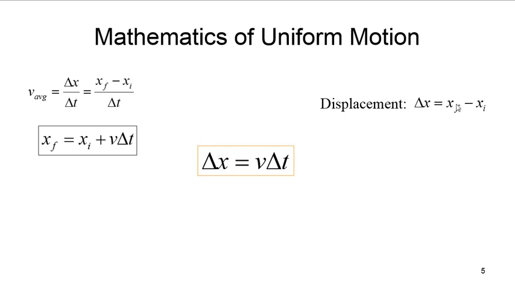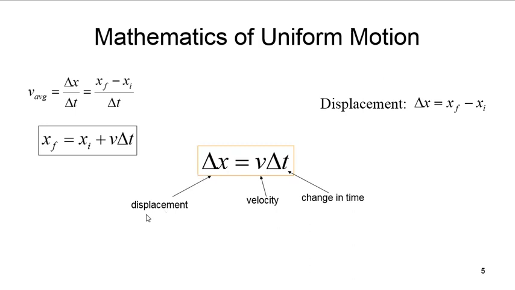We've combined x final minus x initial into one single variable. Why do we do that? Because that's what really ultimately matters as we move forward and look at our kinematic relationships. It's the displacement that matters. From that, we can figure out x initial or x final. But really, I want to think of this as one single quantity. So this is the form of the equation I'm going to focus on the most.